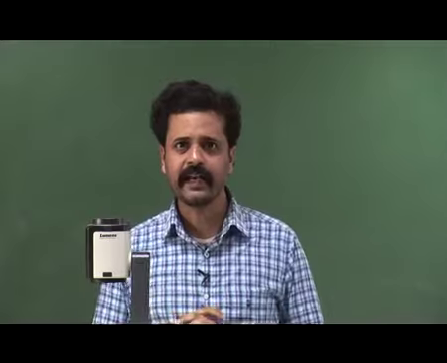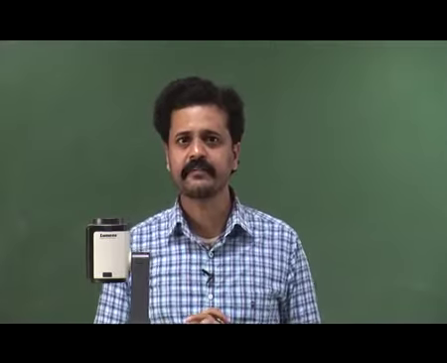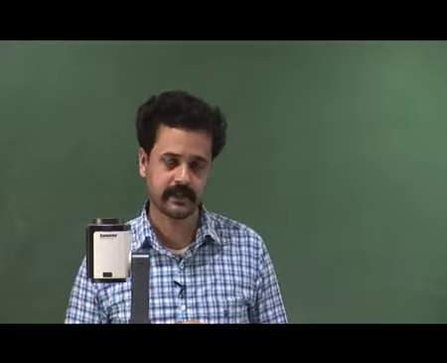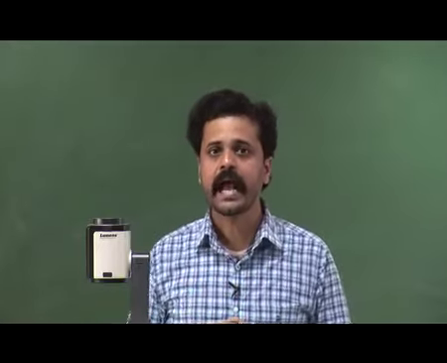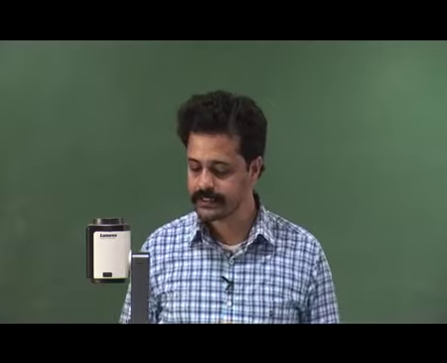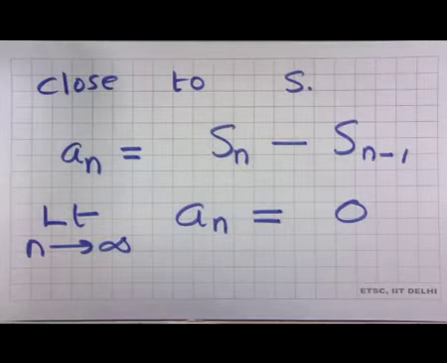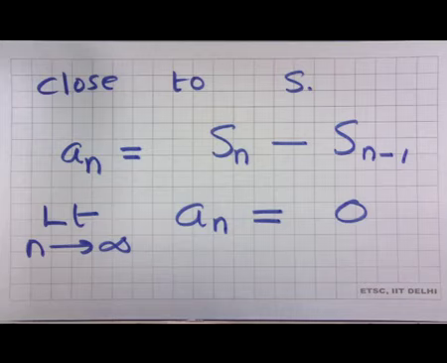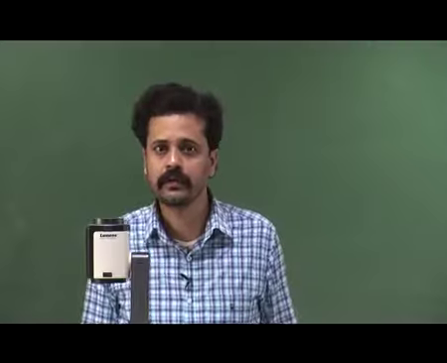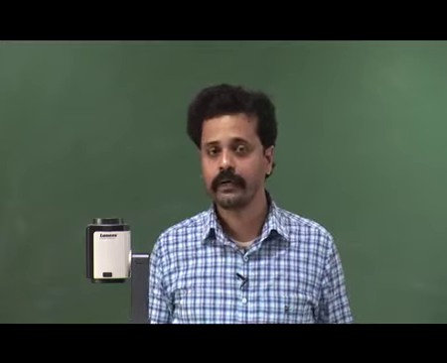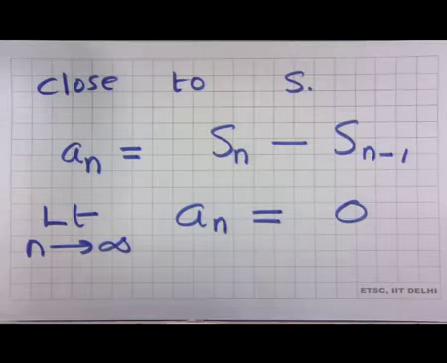Let us not enter into the precise definition of the limit of a sequence, but have an intuitive feeling that when Sn and Sn minus 1 are close to S, the difference will be close to 0. Therefore, the limit as n tends to infinity of an is 0.